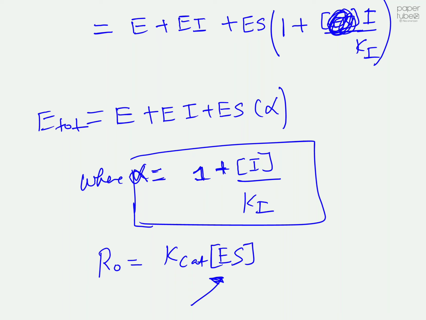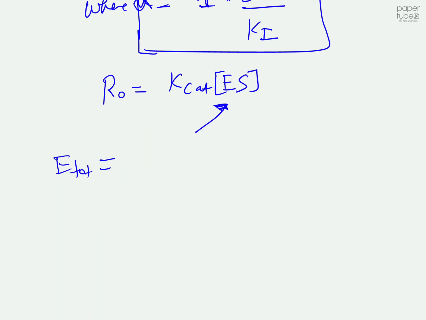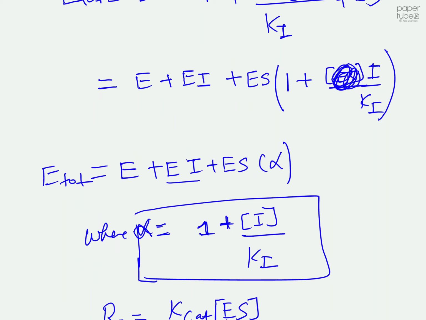So you have k catalytic multiplied by ES. So how do we get this value? You have E plus EI that give rise to the ES value. Okay, let's replace this E and I. So E total is equal to E plus the enzyme substrate inhibitor complex.